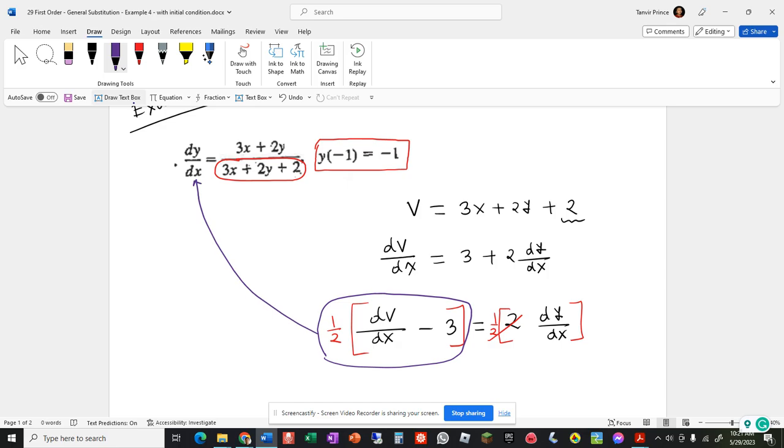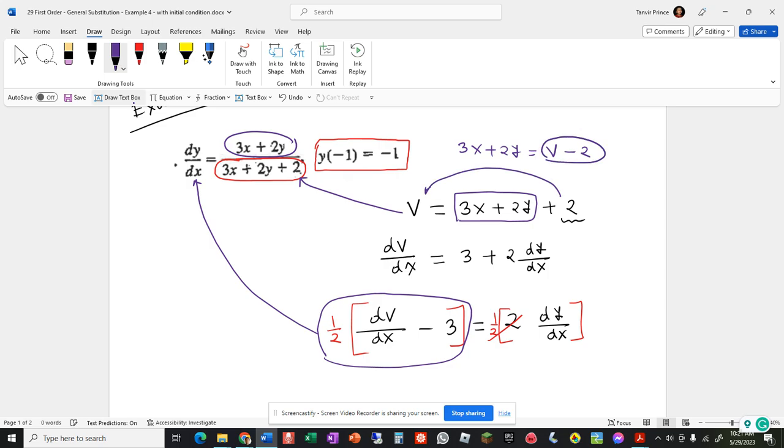Now here, of course, I know that this is v, but how about 3x plus 2y, right? So that comes from here. My 3x plus 2y is, of course, going to be equal to v minus 2, right? If I bring this 2 to the other side, because I need that. So this v minus 2 goes in place of 3x plus 2y.